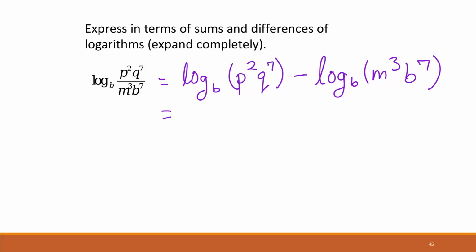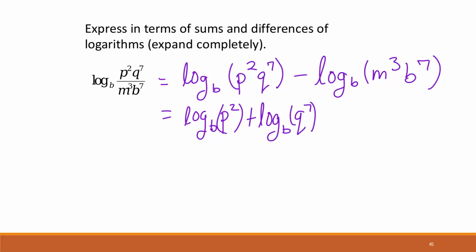So then this could be written as log b of p squared plus log b of q to the 7th minus, and this minus is going to be applied to both of these. So think about that, right? So this would be log b of m to the 3rd plus log b of b to the 7th.